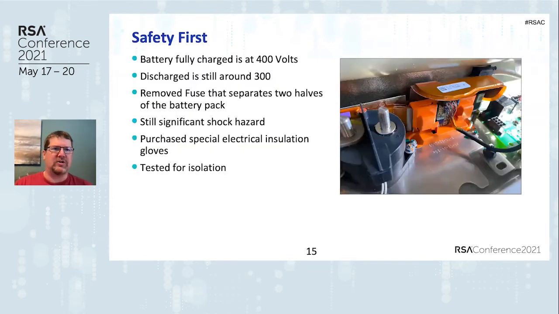You want to discharge the battery down to probably about 15 percent or lower. But there's still a significant amount of voltage in it, at around 300 volts. Once the fuse is removed, it separates one half of the pack from the other. And after it was all done, I had to do some isolation testing, which is basically making sure that there wasn't anything there to shock me.